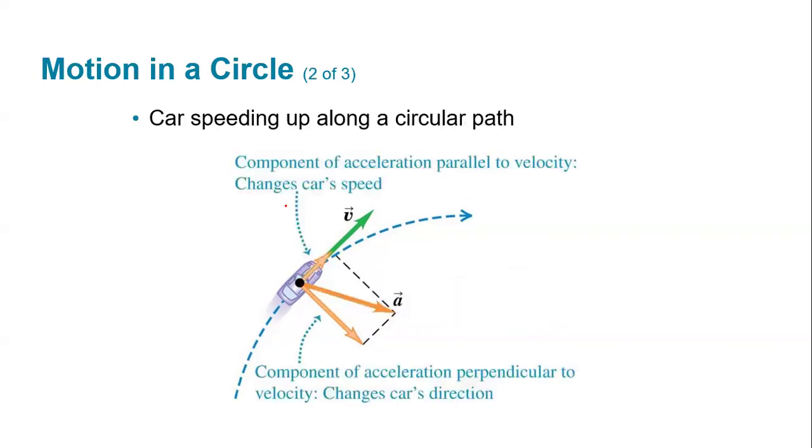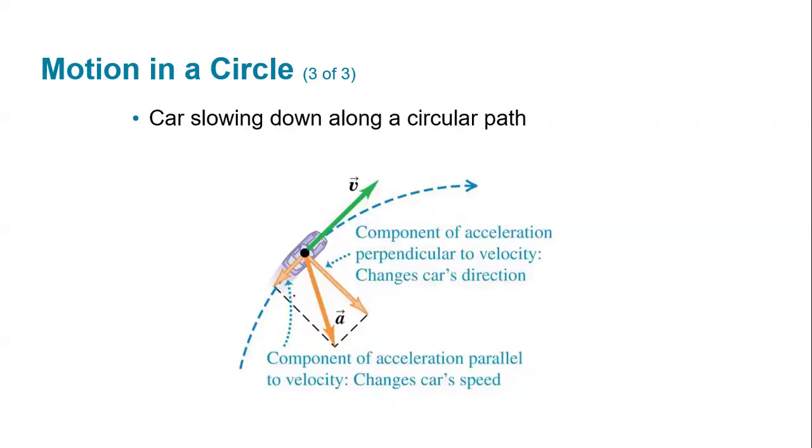So here, when your particle is speeding up, it tilts forward. So there is the component of acceleration parallel to velocity. So this is the component that changes the car's speed. And you have also the component of acceleration perpendicular to velocity, the one that changes the car's direction.